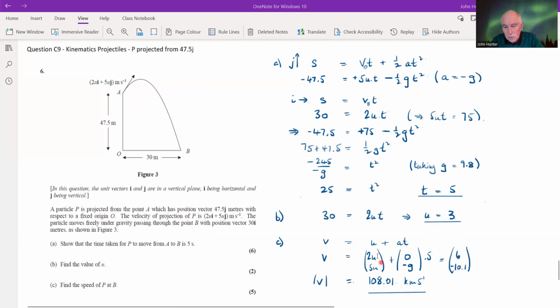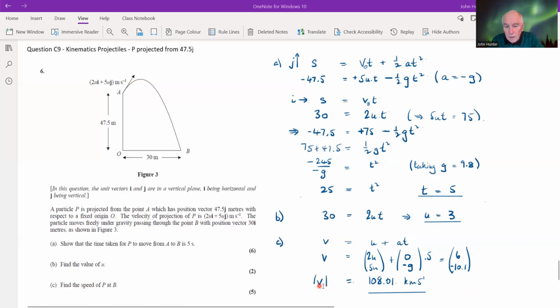We substitute our u equals 3 in there. We get this, and then what we have to do is just apply Pythagoras. So if it's 6 across and minus 10.1 down, draw a little triangle that has those as the sides and work out what the hypotenuse is, and that gives us this answer.